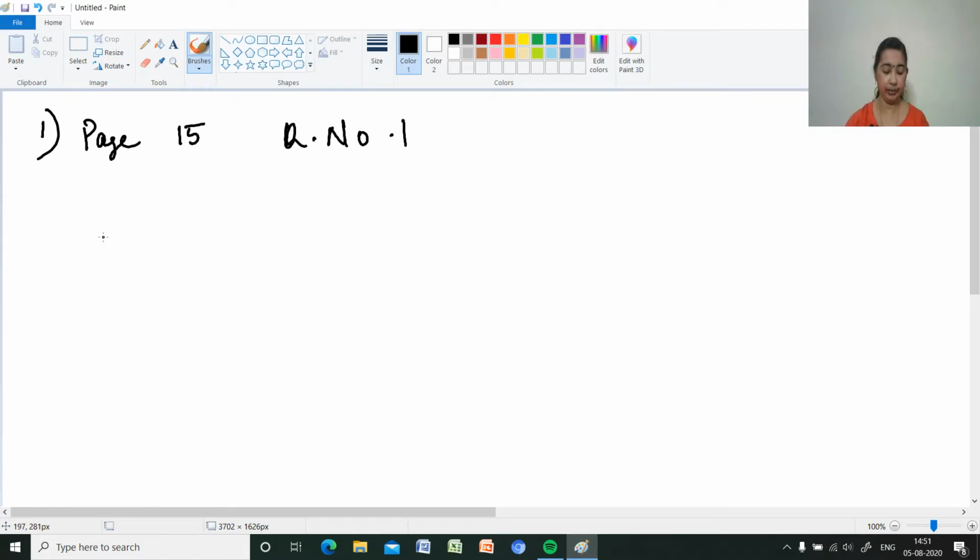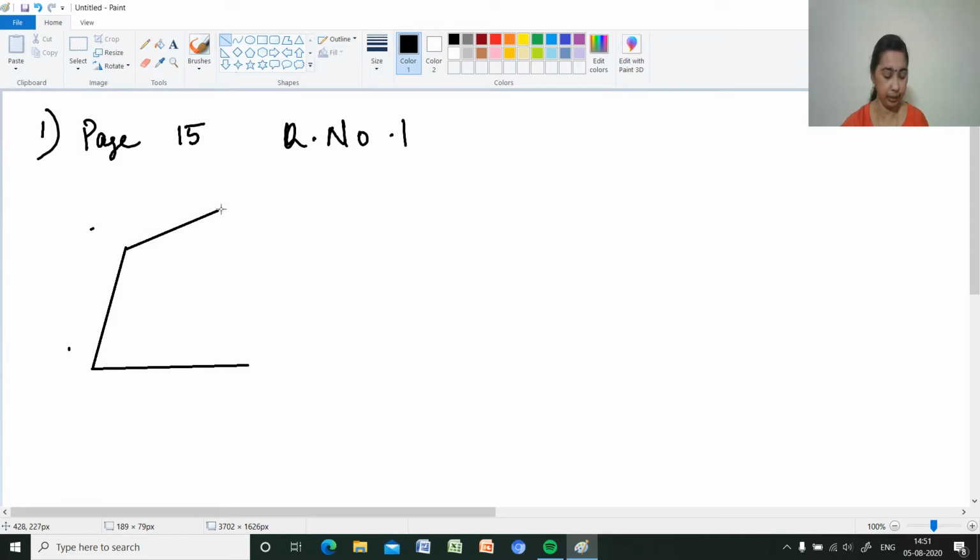One quadrilateral is given with measurements. The measurements given here are 5 centimeter length, then one angle of 80 degree is given, then this is the other side.